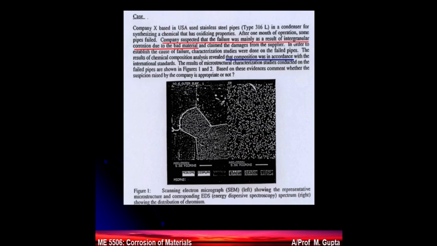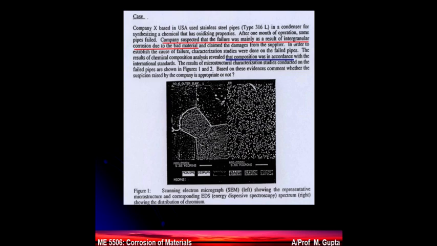So essentially, they did not say that your condenser is bad or something like that. They said it failed, and it failed because of intergranular corrosion, and the material that you have used in the condenser is a bad material, so we want our money back. So it was a few $1 million lawsuit that they put in there.